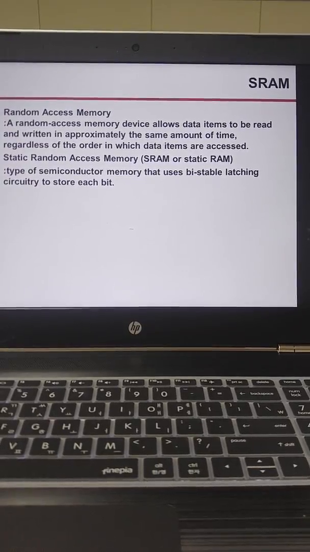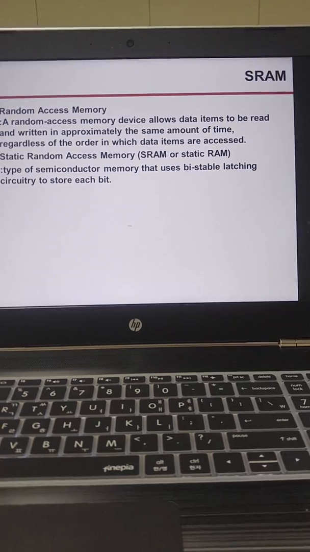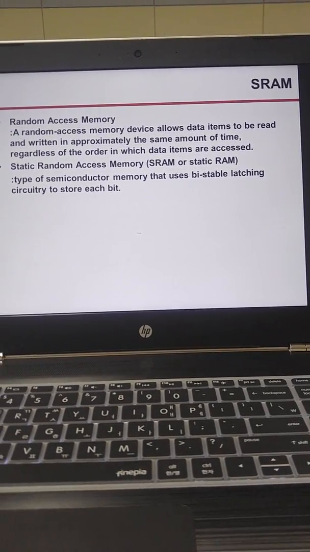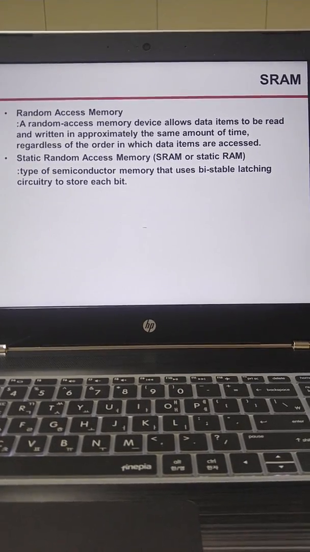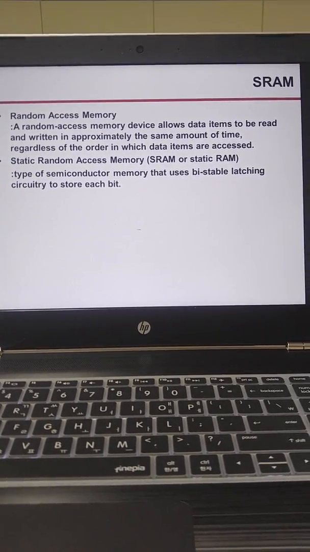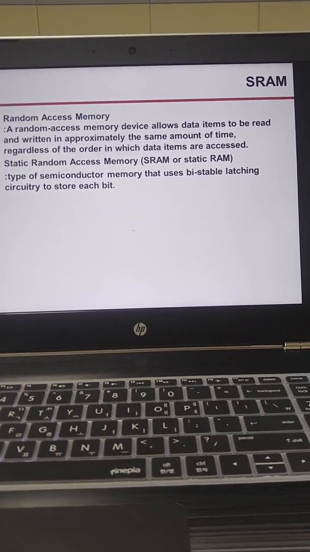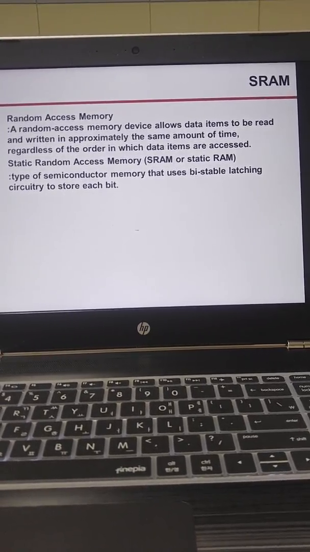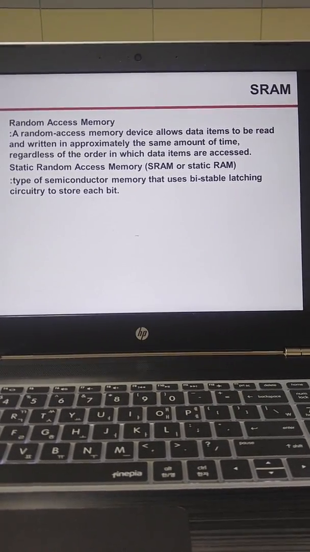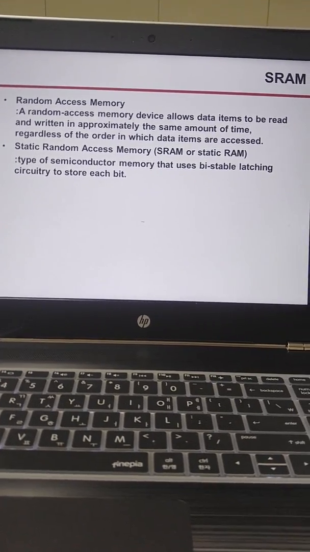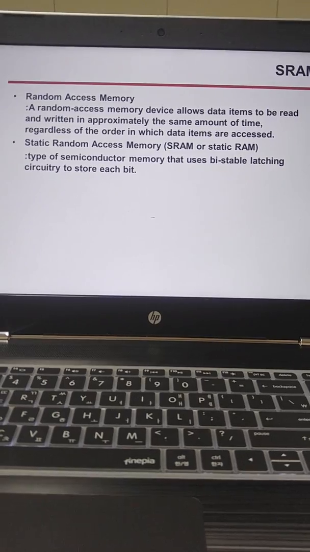A random access memory device allows data items to be read and written in approximately the same amount of time, regardless of the order in which data items are accessed. SRAM is an abbreviation of static random access memory. It is a type of semiconductor memory that uses bistable latching circuitry to store each bit.